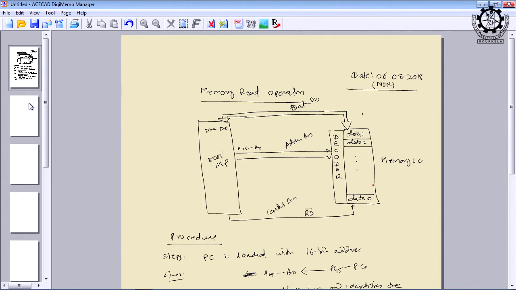So, what is the memory? As I told you, all kinds of semiconductor memories, or digital memories, are divided into a number of locations, and each location is divided into a number of cells, and each cell is capable of storing either 0 or 1.